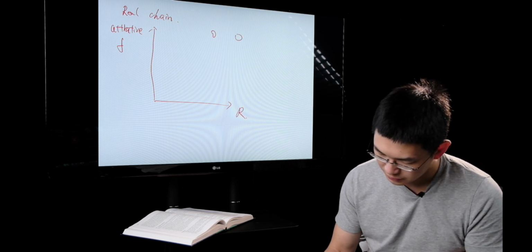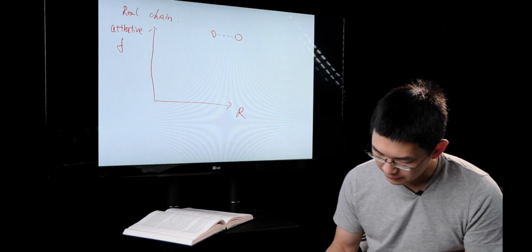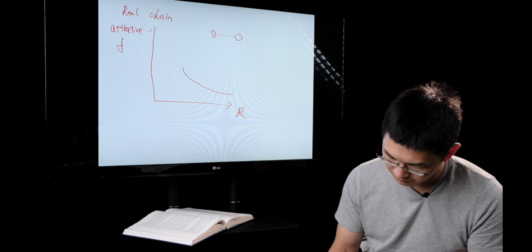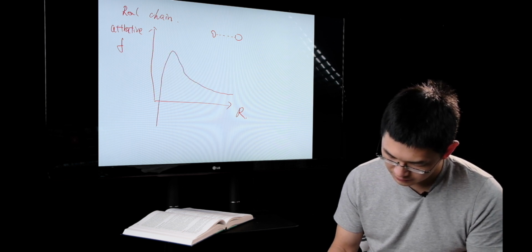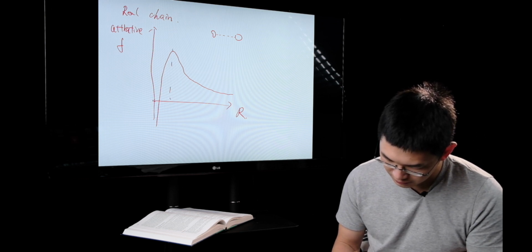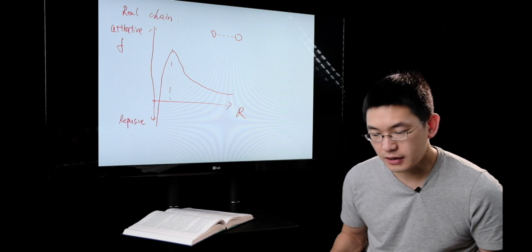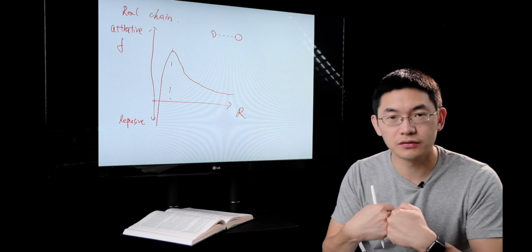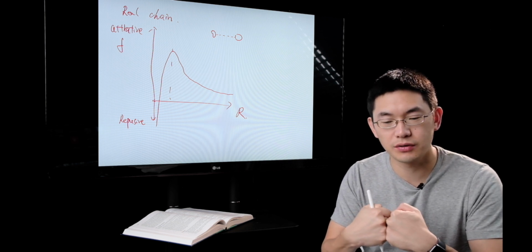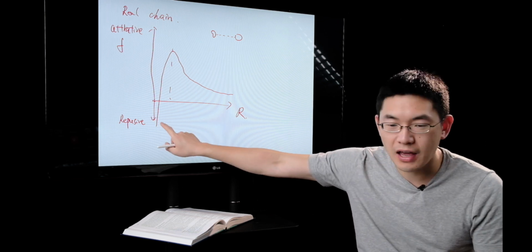Imagine two circular balls. If they are far away, you would have some attraction force. It increases, at a certain distance reaches a maximum, then transitions to repulsive force. Why? Because you cannot have two balls sitting on top of each other. You will generate repulsive force. That's the reason it happens here.